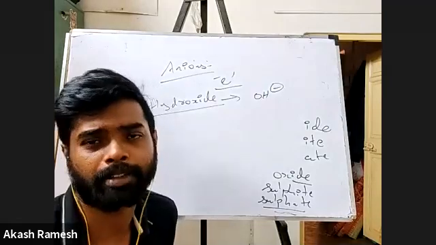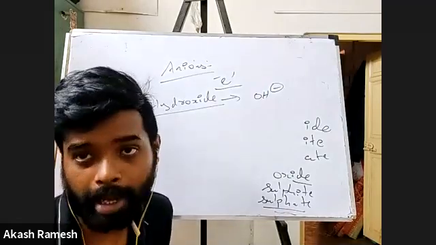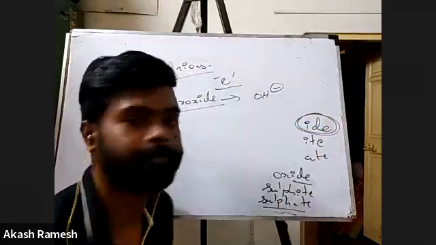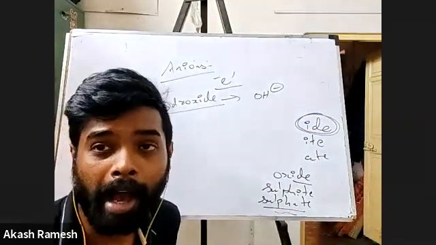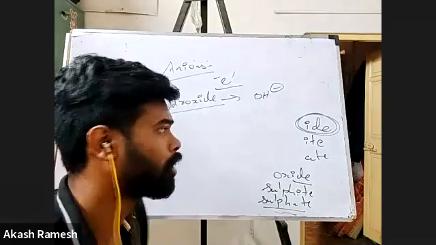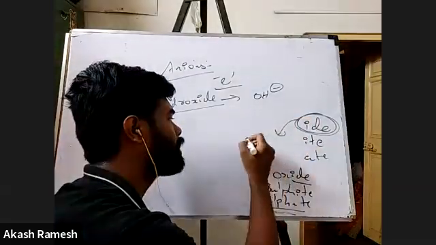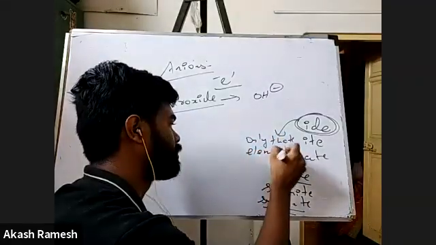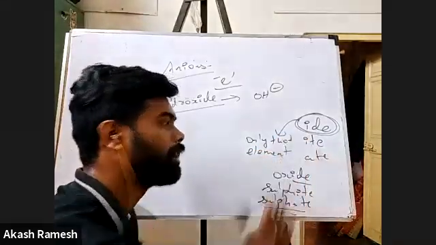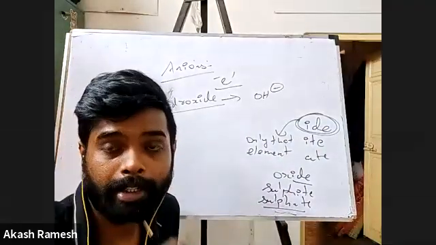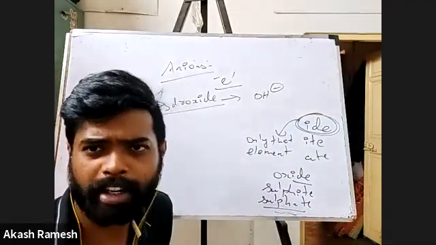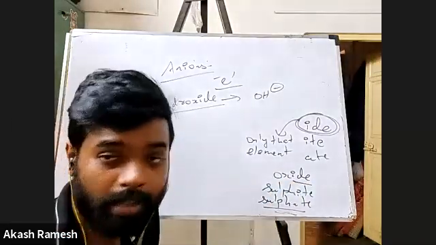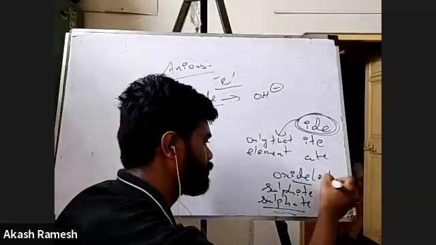How do I identify, sir? Now, one thing I can tell you for sure is that the moment you see IDE, you understand that only that element is present. For example, oxide means only oxygen and nothing else.